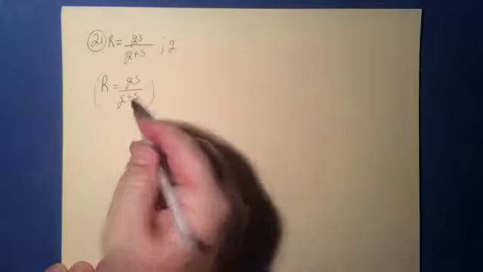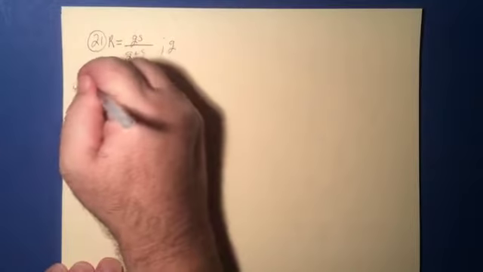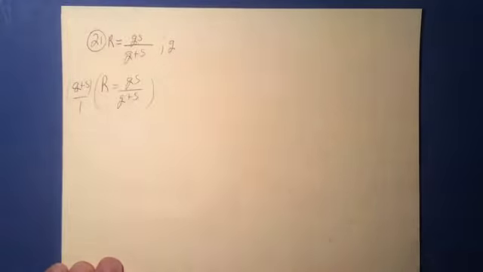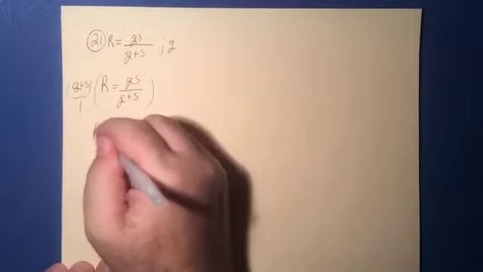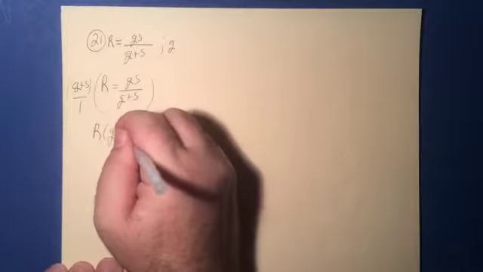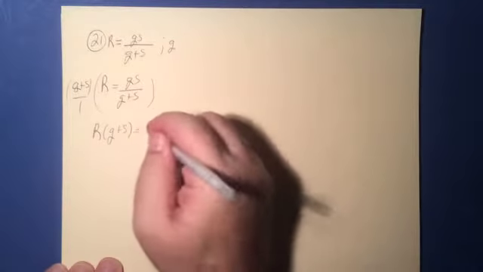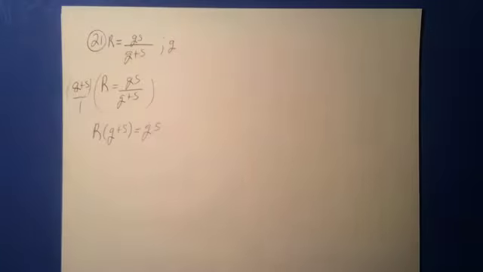We're going to multiply through to get rid of the denominator. Here this is going to give me R times the quantity of G plus S equals GS.